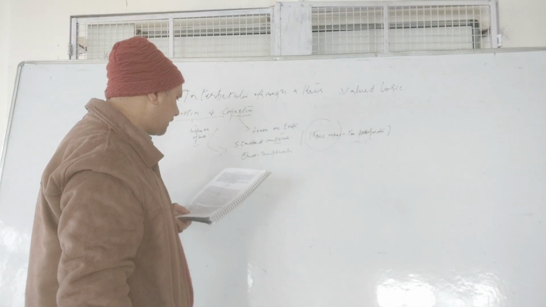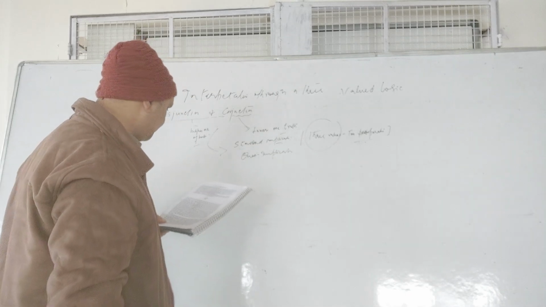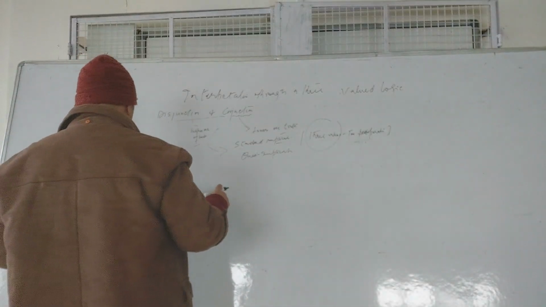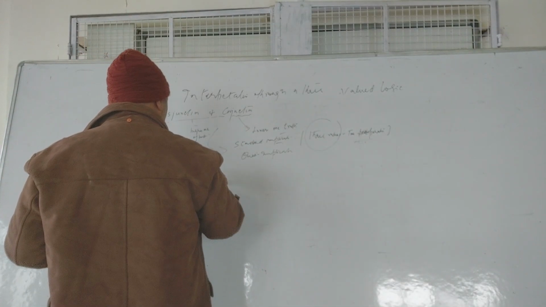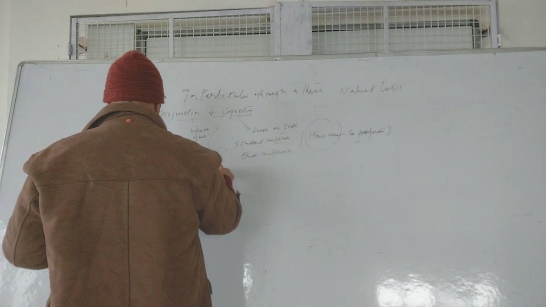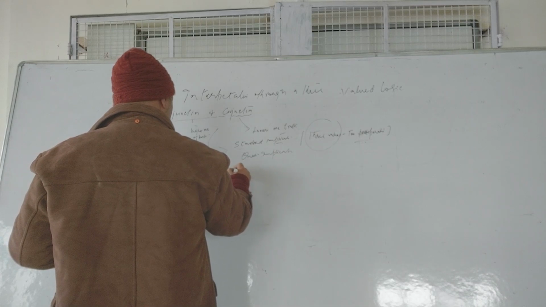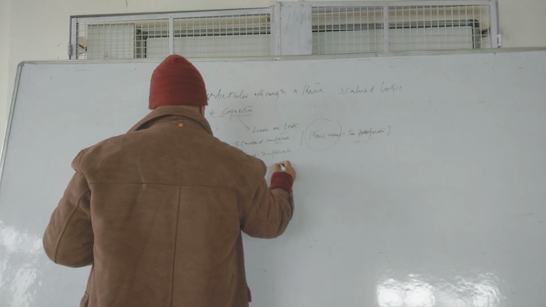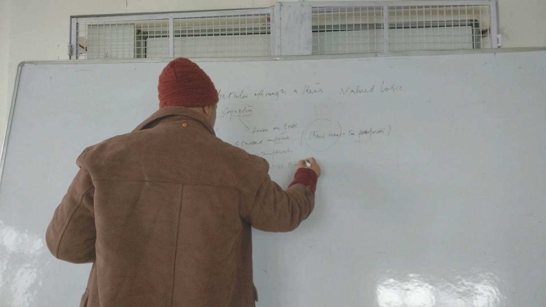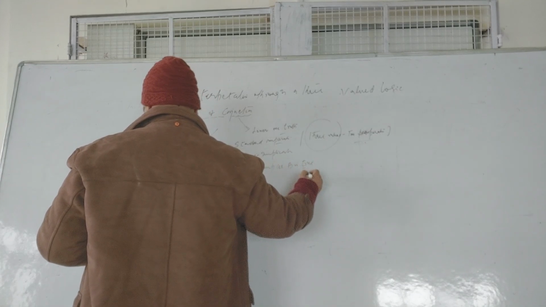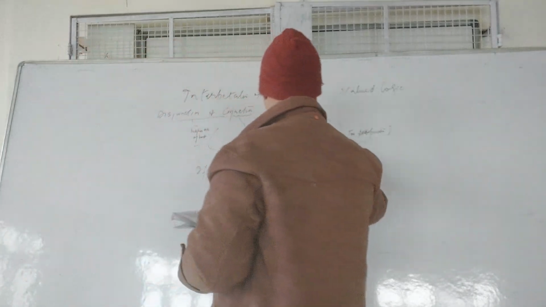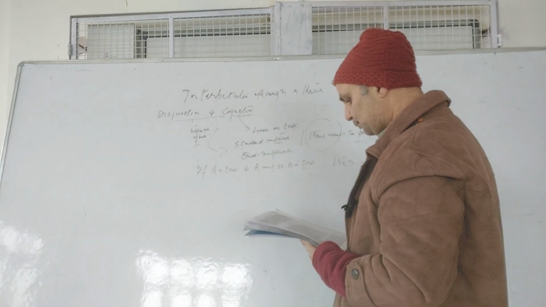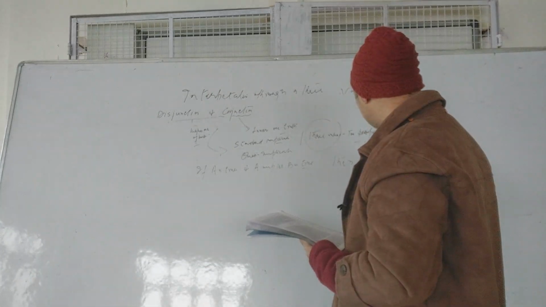And we can also state a procedure of inference, which is represented by a rule: if A is true and A implies B is true, then it means B is true.